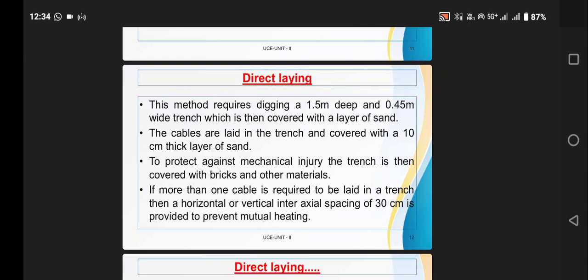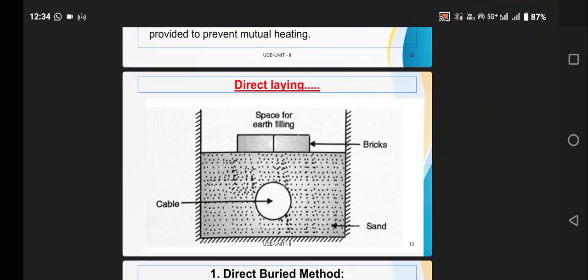To protect against mechanical injury, the trench is then covered with bricks and other materials. If more than one cable is required to be laid in a trench, then a horizontal or vertical interaxial spacing of 10 centimeters is provided to prevent mutual heating. This diagram represents the direct laying.